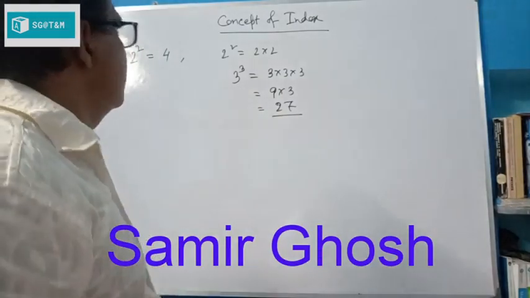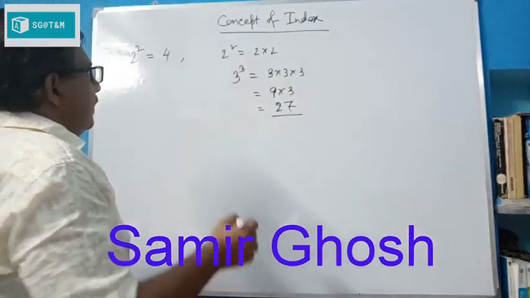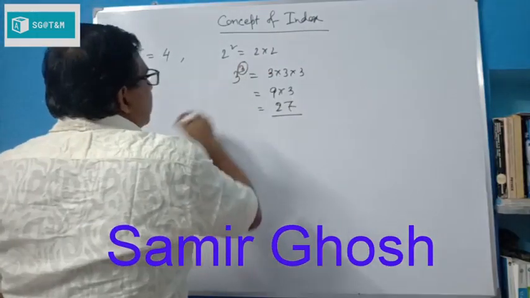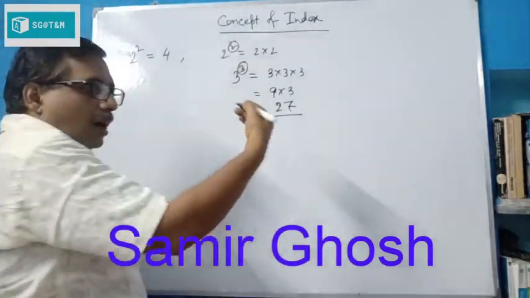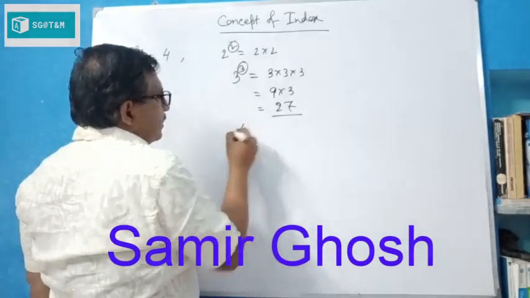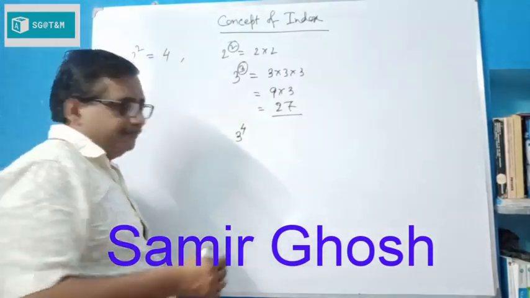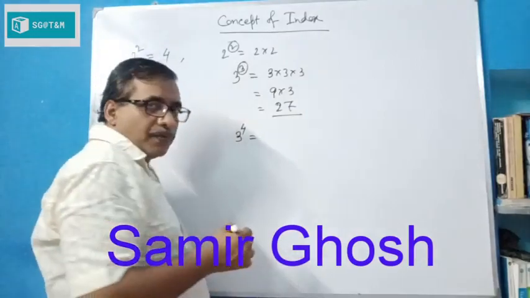Now, if we write in this way, these two are not equal. Another example, 3 to the power 4. What is the meaning of 3 to the power 4?